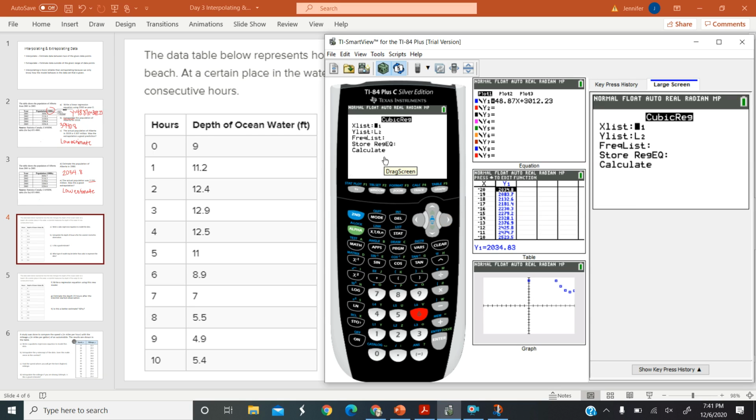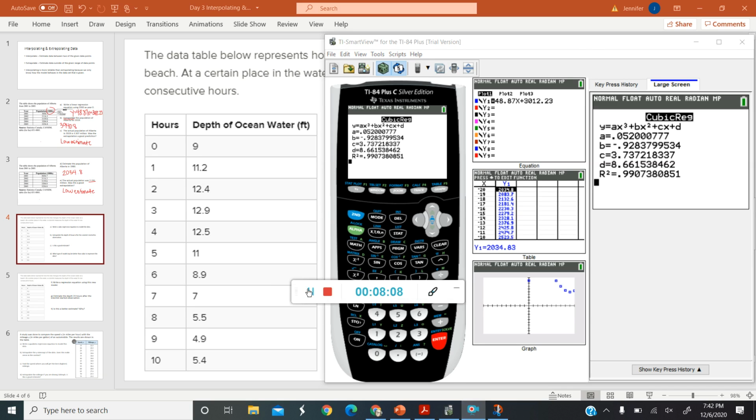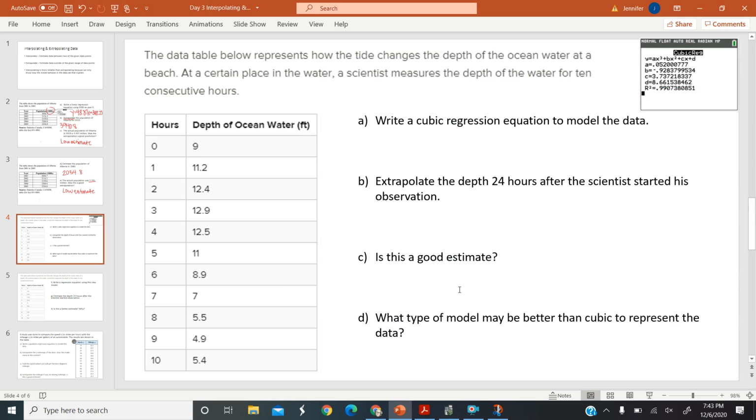So I'm going to press 6, and then I want to store my regression equation in y1, so vars, y vars, enter, enter, and then calculate. And here's my equation that I'm going to copy over. So I'm going to use that to go ahead and write my equation.